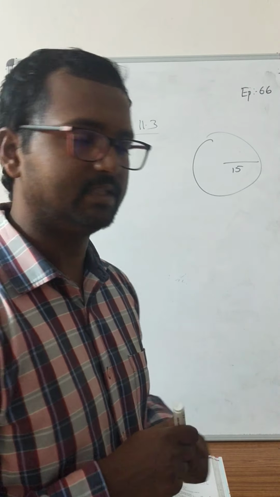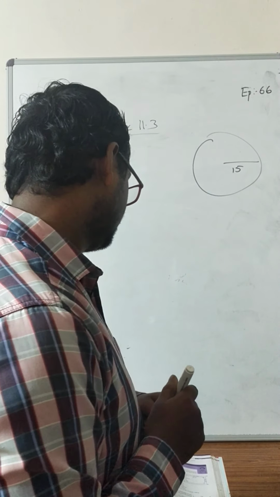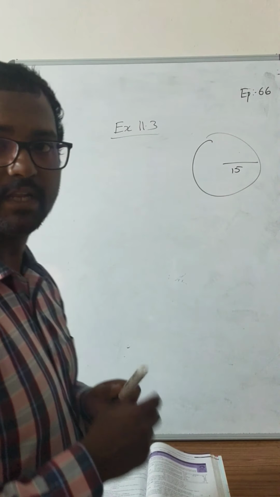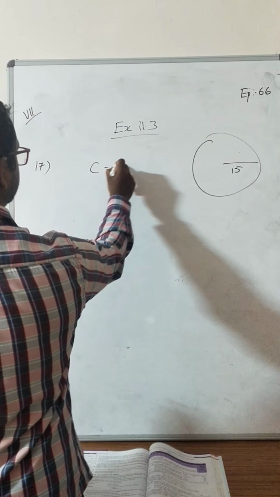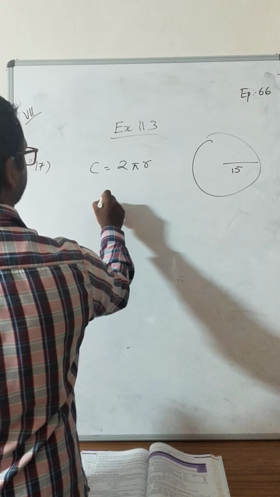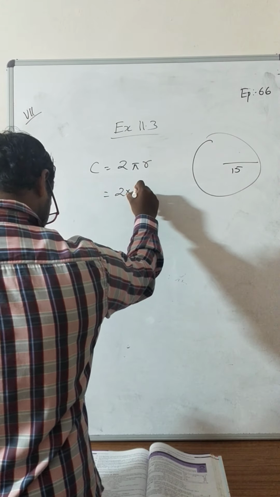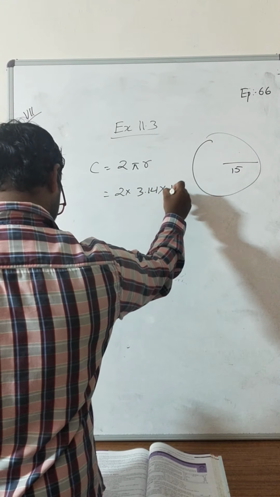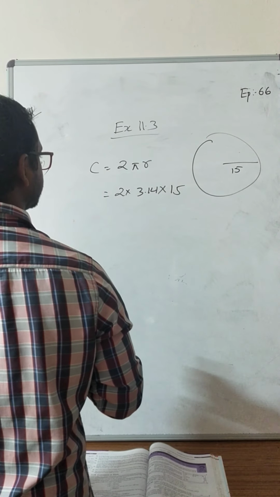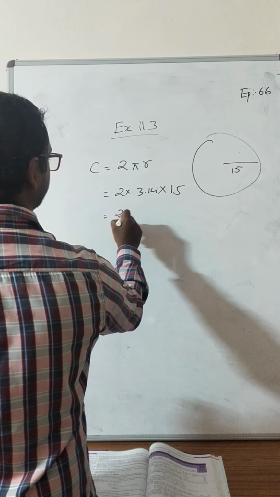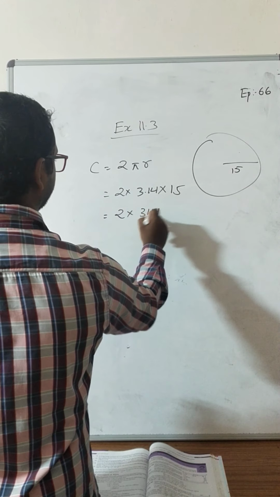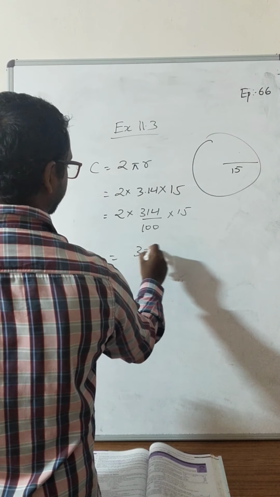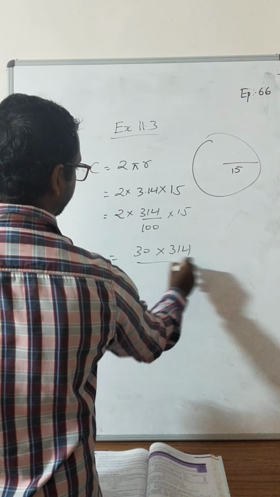So in this case, we just have to find the circumference. Circumference is 2 pi r. 2 pi r is 2 into 3.14 into the radius, which is 15. 2 into 314 divided by 100 into 15. 15 into 2 is 30 into 314 divided by 100.